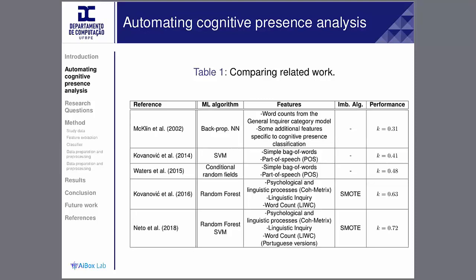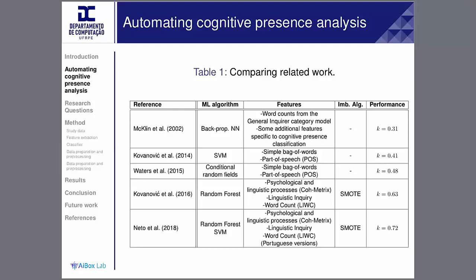The work developed by Cohen used this sampling algorithm to balance the English data set, trying to classify the discussion messages. The last one was performed by Neto et al. They used a random forest and an SVM machine learning algorithm using these features. They also used SMOTE to balance the data set, and the result was promising too.